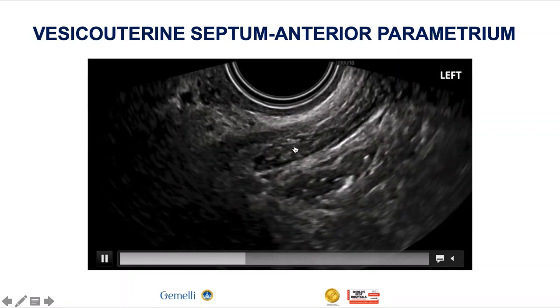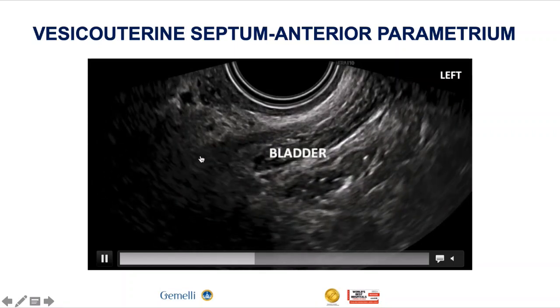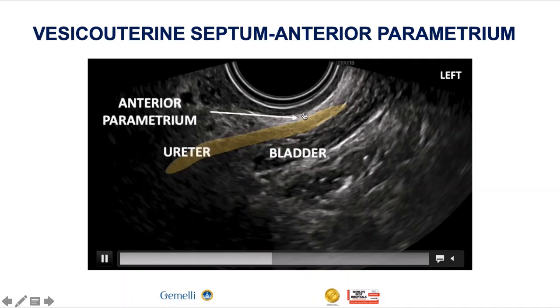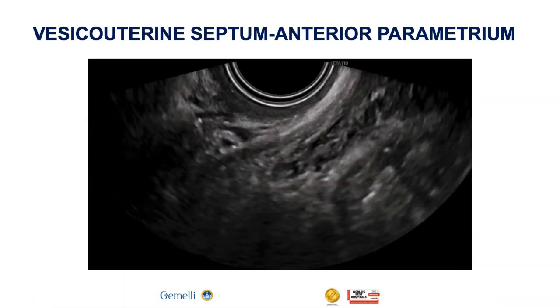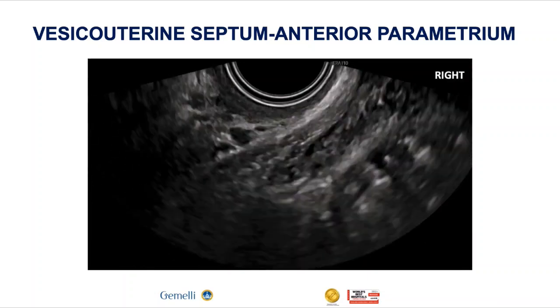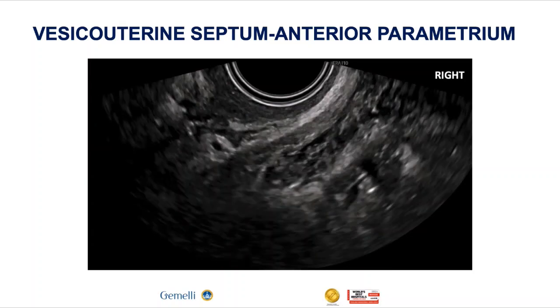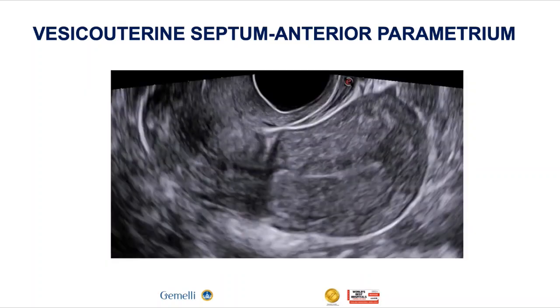This is the empty bladder. This is the ureter, and this tissue corresponds to the anterior parametrium. Then we can repeat the procedure to visualize the contralateral anterior parametrium.